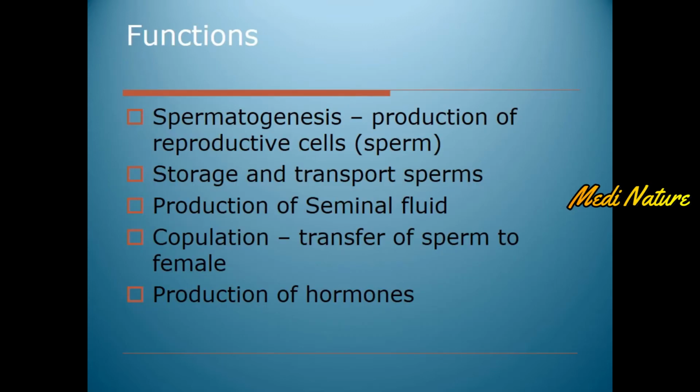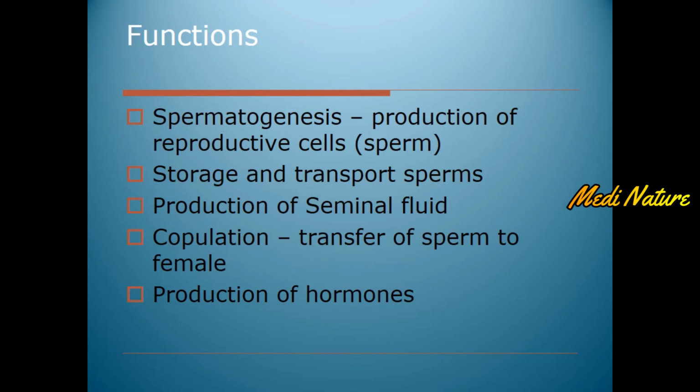What are the functions of the male reproductive system? The main function is spermatogenesis, that is the process of production of sperms. It is also important for the storage and transport of sperms. Sperms and other fluidic components get together and produce seminal fluid.